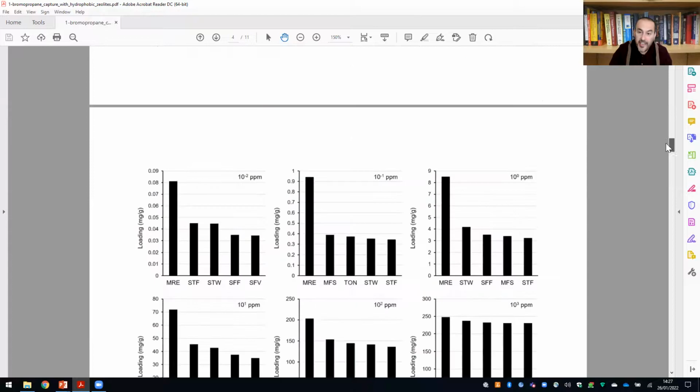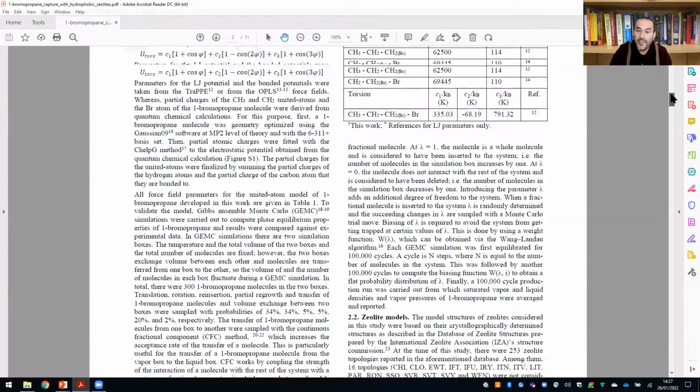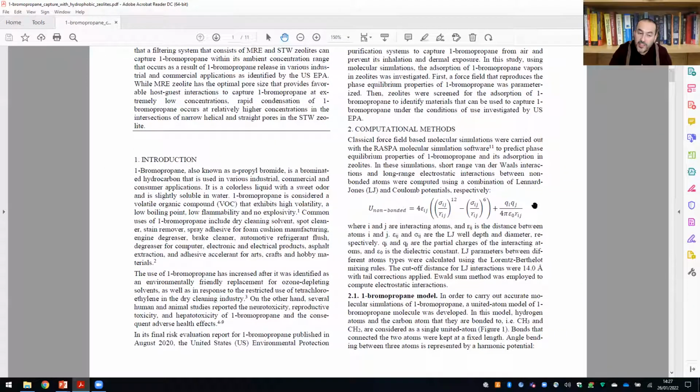Why did I do this? Again, to account for the electrostatic interactions. Bromopropane is a neutral molecule, but that doesn't mean that it doesn't have a permanent or induced dipole moment, because of the presence of these partial charges, local charges.